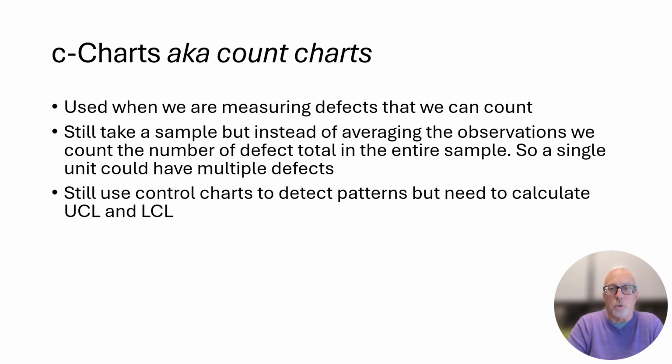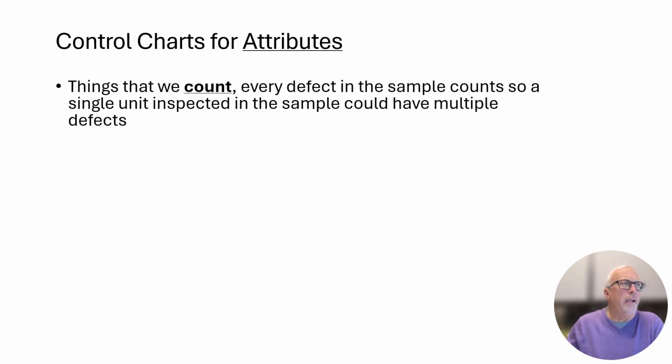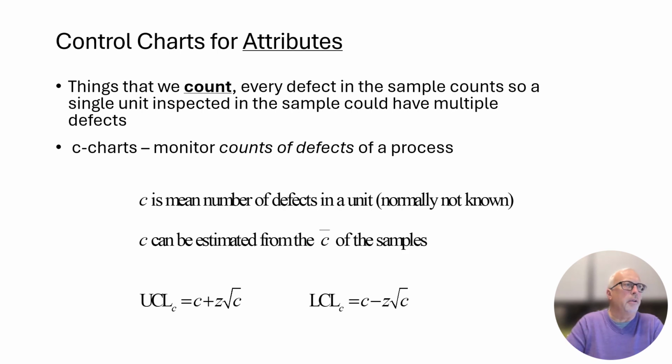So we'll still use control charts to detect the pattern, but we need to calculate the UCL and LCL using a different equation. Things that we count, C charts, count them. Here are the formulas. The upper and lower control limit for a count chart is C, which is the expected number of defects in a sample.